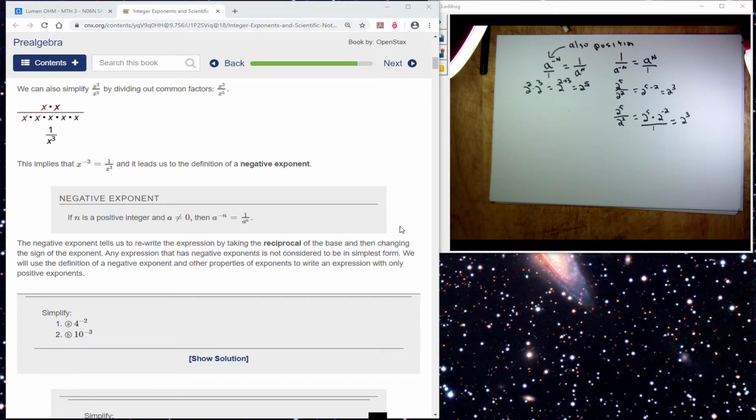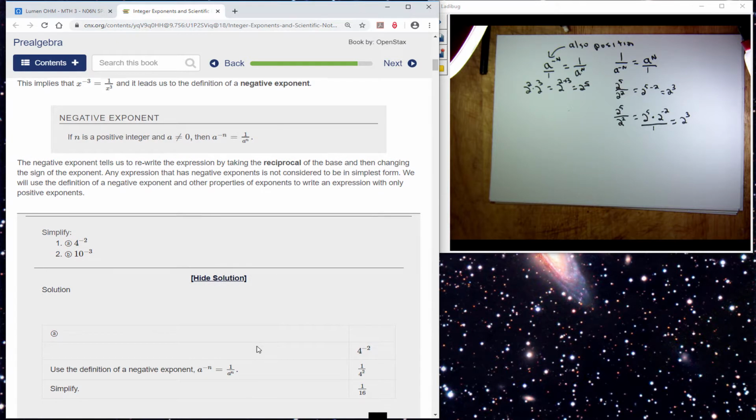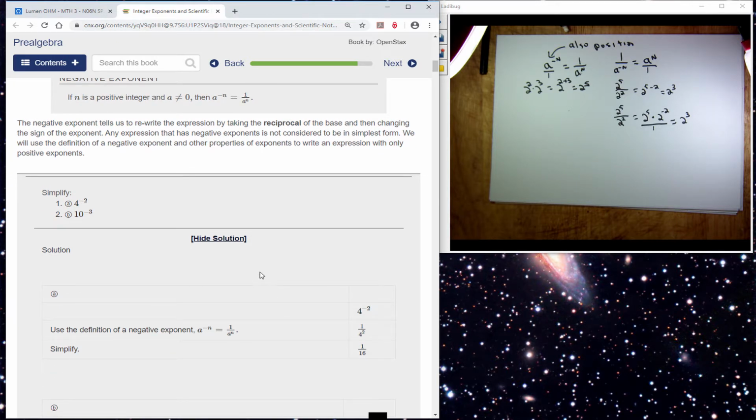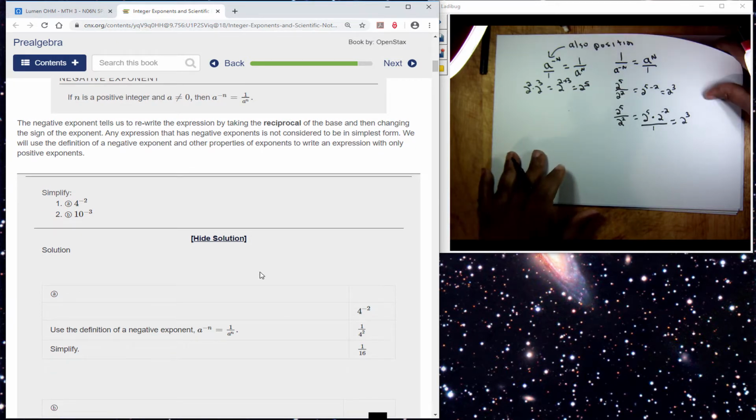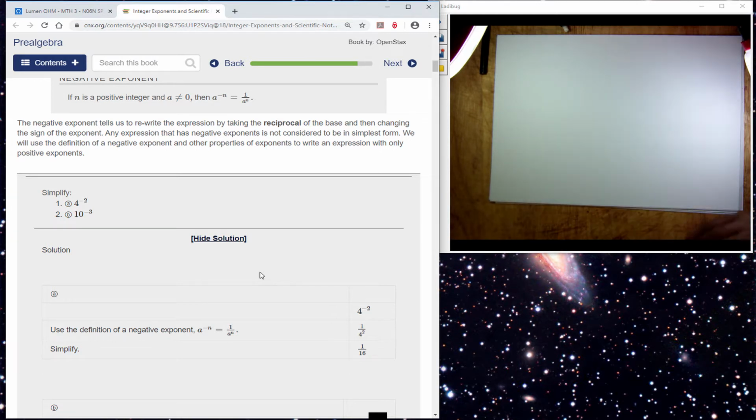So when it comes to simplifying problems with exponents, for the most part, it's easier to just rewrite the problem with a positive exponent and then simplify it.